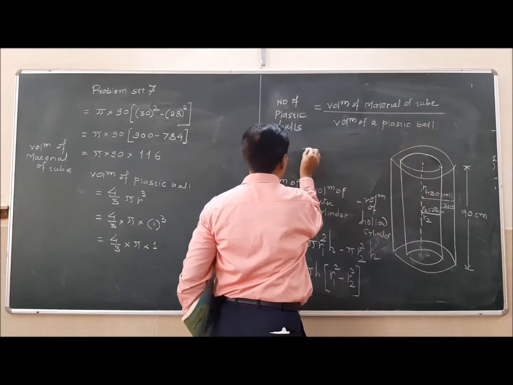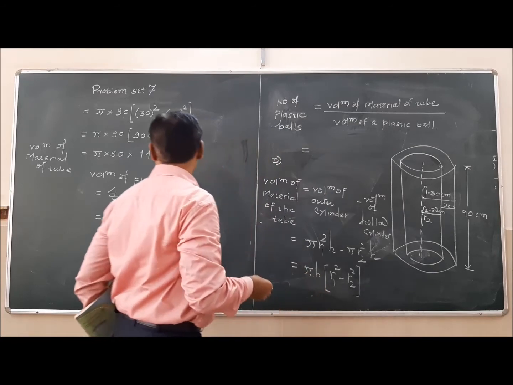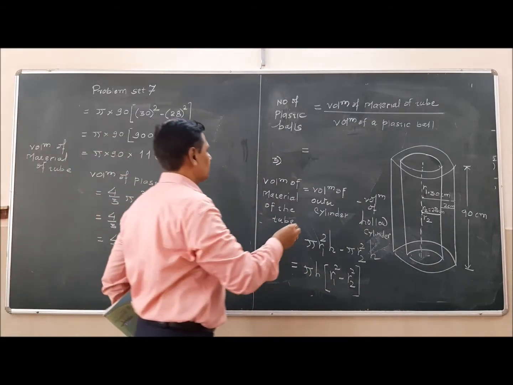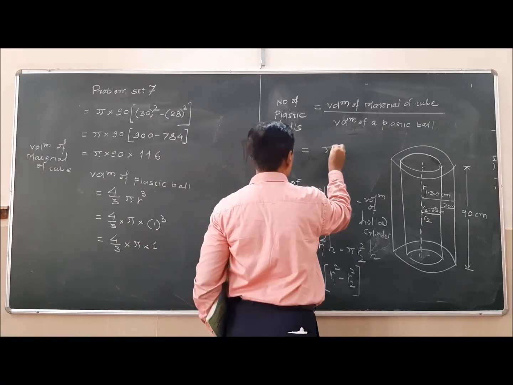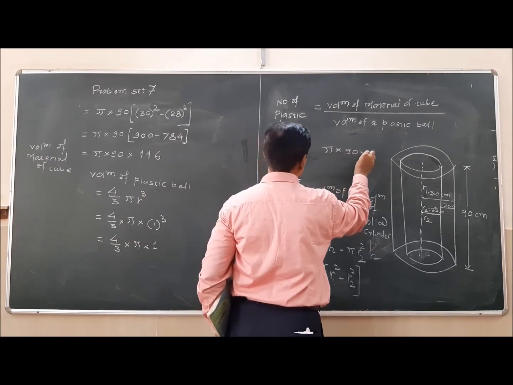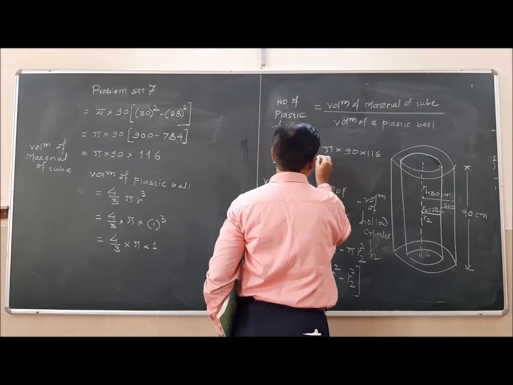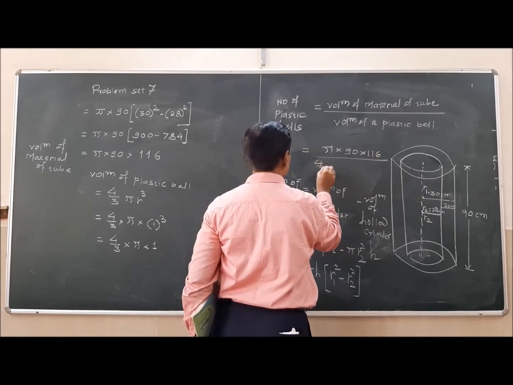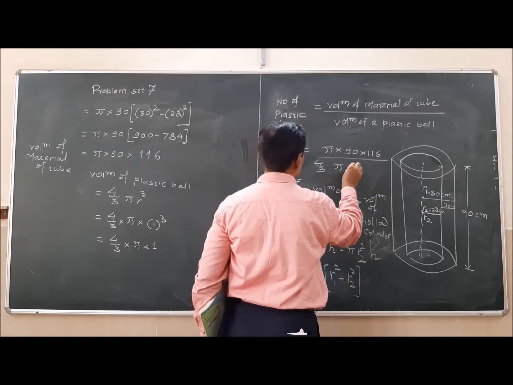Now I'll substitute the values. Pi into 90 into 116 upon 4 upon 3 pi into 1.